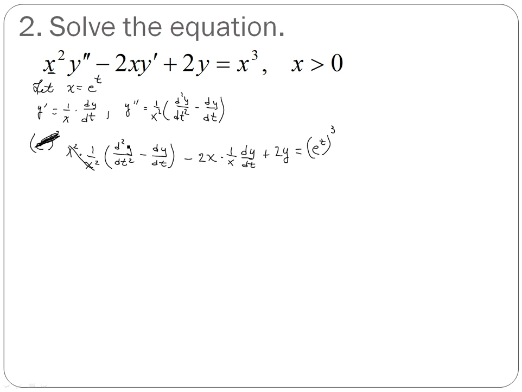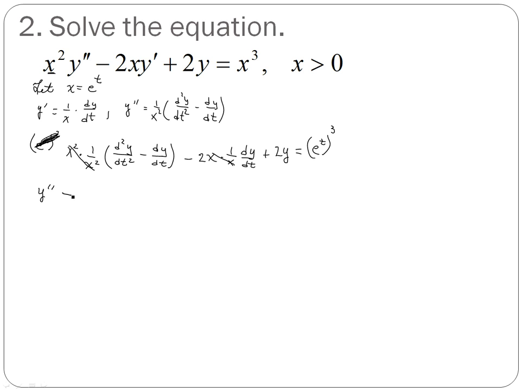And I'm going to write this as y double prime, because once I cancel those x's, notice that all my variables are y's and my t's. So I have y is defined in terms of t.